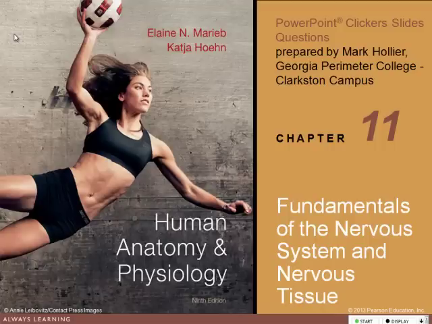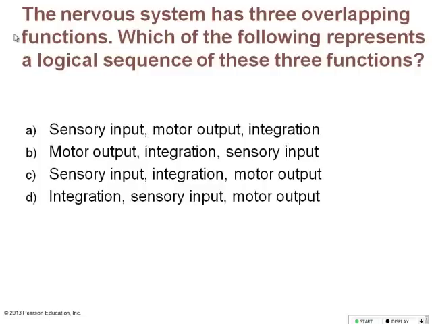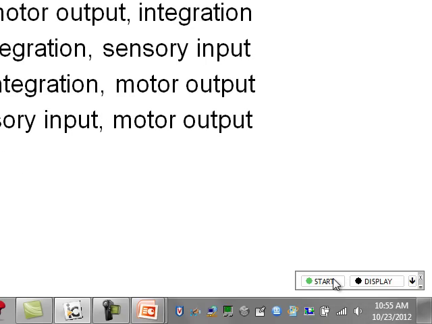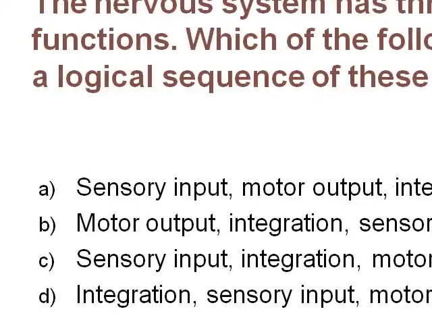So let's have one little question before we go so we can take attendance. I am definitely spatially challenged. So, the nervous system has 3 overlapping functions. Which of the following represents a logical sequence of the 3 functions? That means they have to go in order.